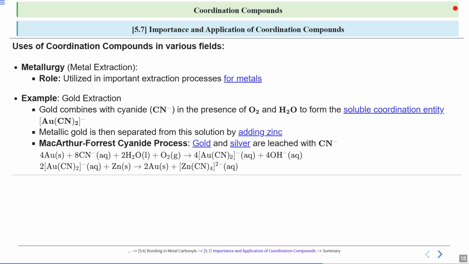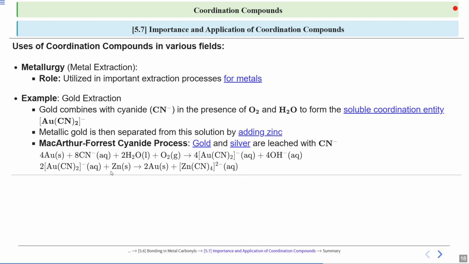Now, when you add the zinc into this complex, you are going to get metallic gold plus Zn(CN)4 with 2 negative charge, the complex that you get as a side product.